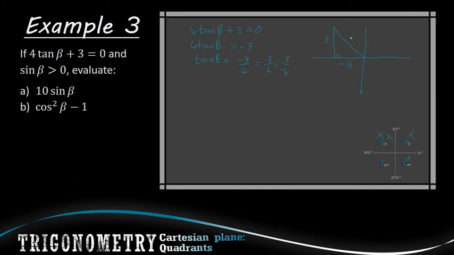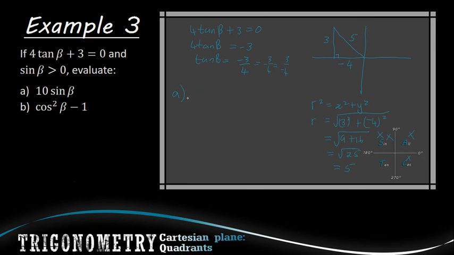Then to use Pythagoras to solve for my hypotenuse, I've got r squared is equal to x squared plus y squared, and then r is equal to the square root of 3 squared plus -4 squared, and that gives us 9 plus 16, which is equal to the square root of 25, which is then equal to 5. Alright, so this is then 5, and then I can find my other value.